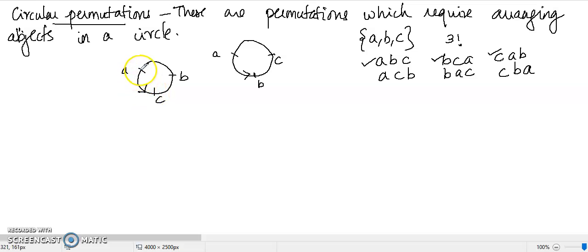Okay. So, when you take in the counterclockwise direction, this is ACB and then you have CBA, and that is again equal to BAC.